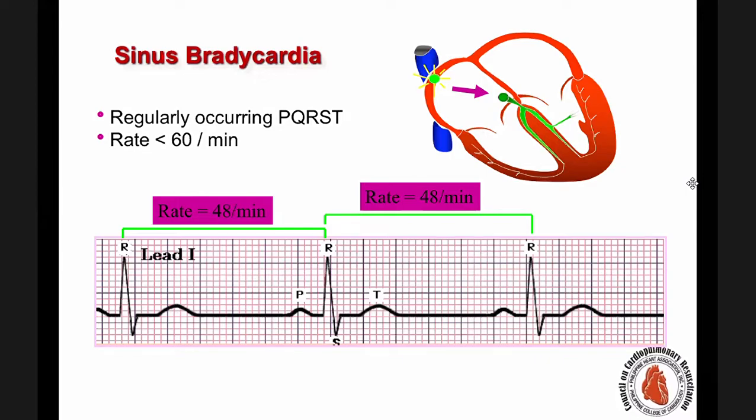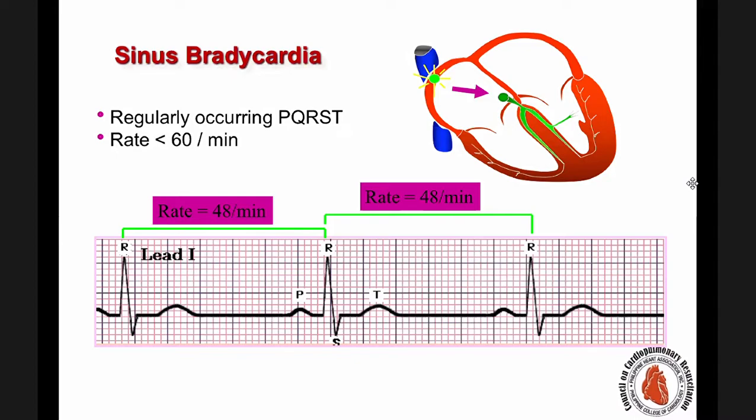It means that the source of the electrical impulse is the SA node, but the firing rate is just low. And you see this in, let's say, athletes. Because of their rigorous exercise, they have a thicker left ventricular muscle, so there is a stronger contraction in every beat and they are able to expel a bigger stroke volume each time.